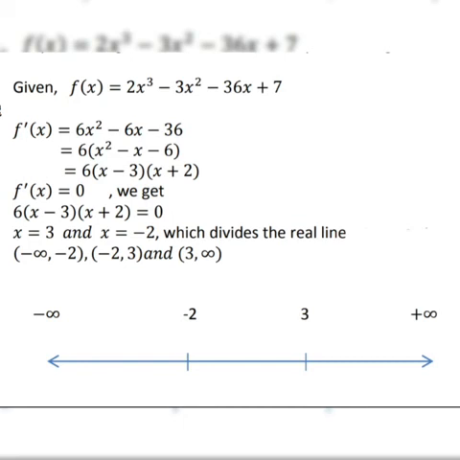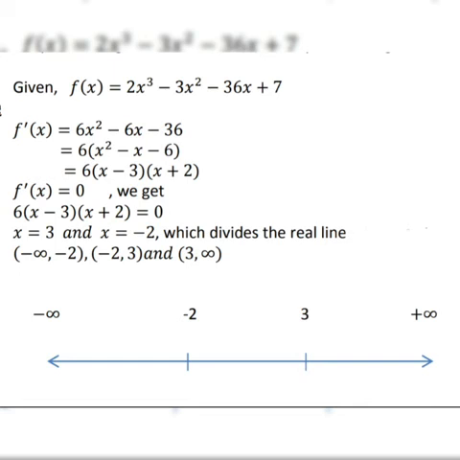So like in this case, when you equate f prime of x equal to 0, then you get x equal to minus 2 and x equal to 3. Then you understand that the graph will give you maximum value or minimum value at these points.